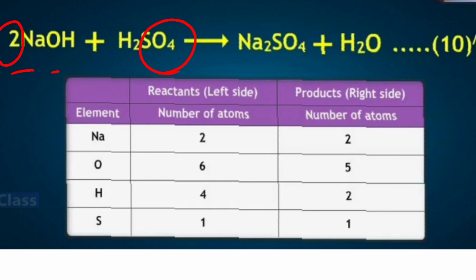So I am having 6 here, and here I am having 4 and 1, 5. So it is unbalanced. Hydrogen also, now 2 plus 2 it became 4 and here it is 2. Sulfur, there is no disturbance, it is 1 and 1 only. So again try to balance the rest of the things.